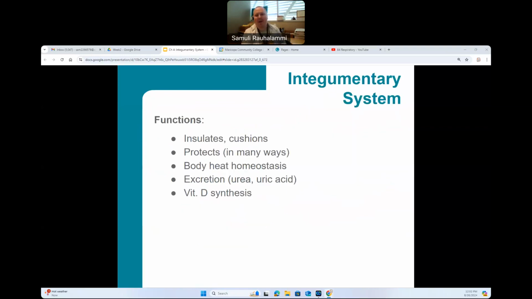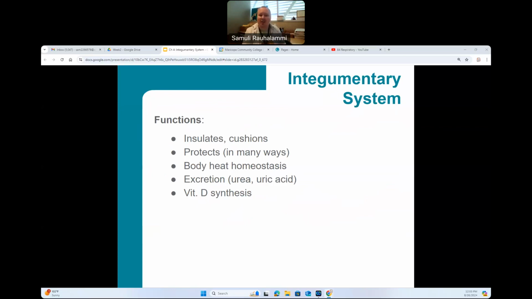So let's have a look at the integumentary system and the many functions associated with it. We have the insulation and cushioning of the deeper body organs. That's one, I would say, fairly obvious function.